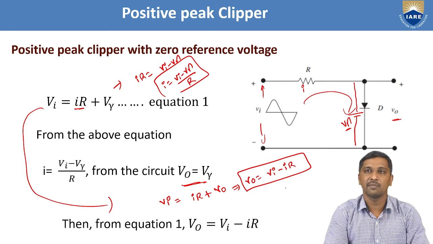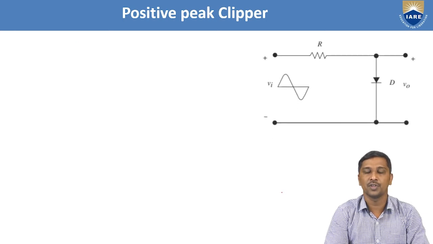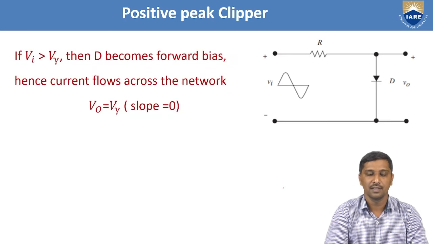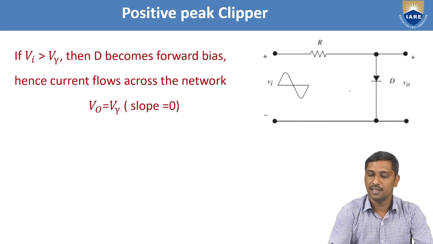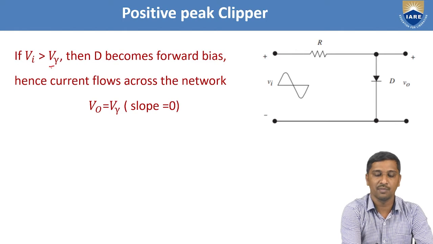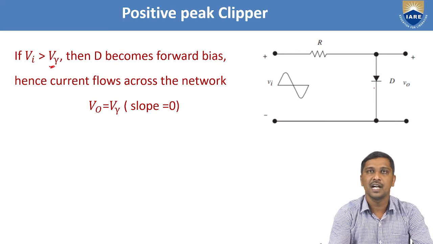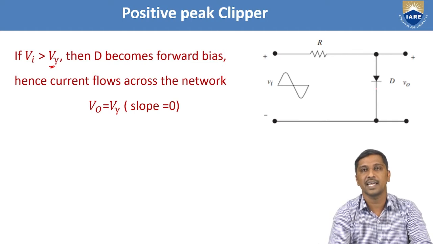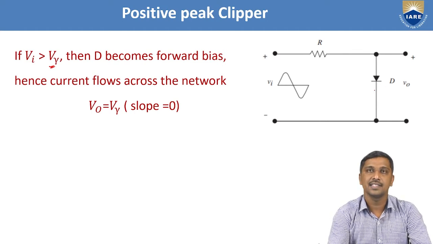Now by using this mathematical relation, we are going to observe what happens during the positive half cycle. We know that when Vi is less than V gamma, what is the V gamma value? Either 0.7 or 0.3 based on the type of material. If I consider the silicon diode, and this is the applied input voltage, with a magnitude of Vm, the cut-in voltage is only 0.7.